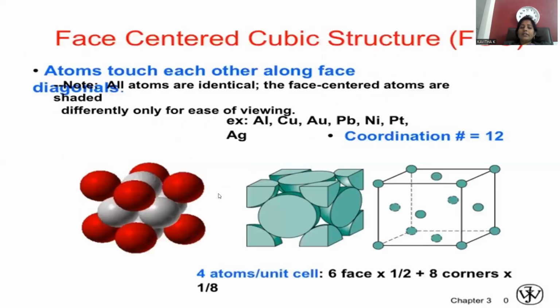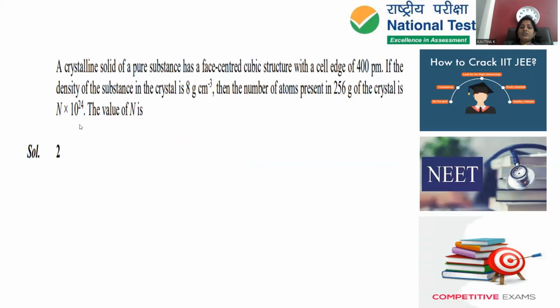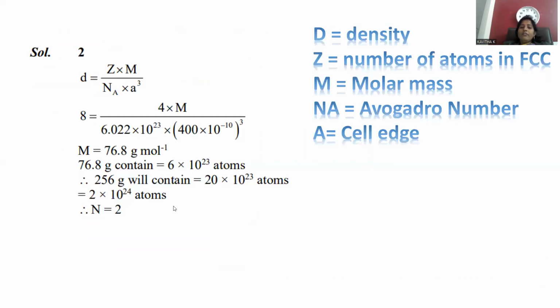But within the problem they mentioned 10 to the power 24. If you want to get the same power value, let's move the 0 to this side, so you can write it as 2 into 10 to the power 24. Here 10 can be converted into 2 by multiplying with 10 to the power 24.